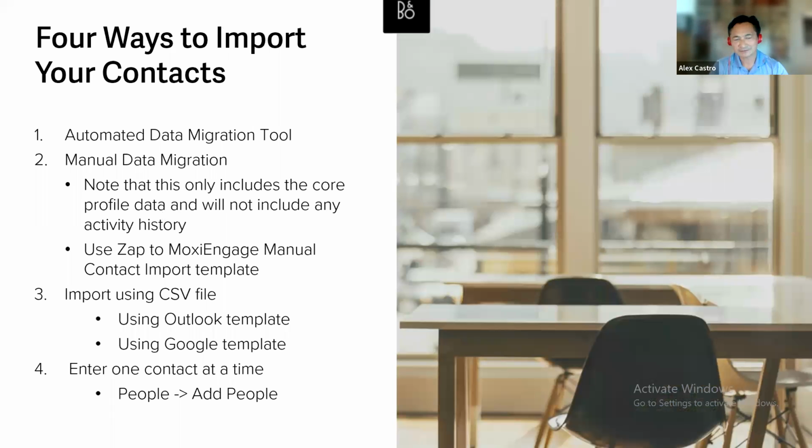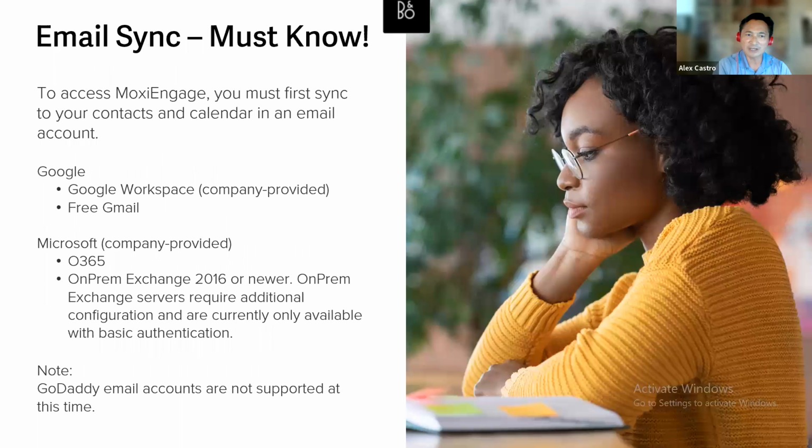Four ways to import your contacts. You pick. And there are certain things to know about each one of these four. But number one, I forgot to talk about this screen. Email sync.